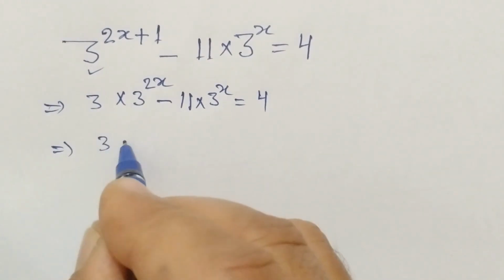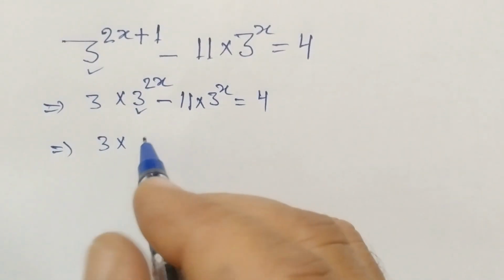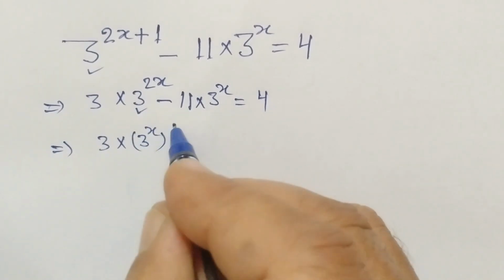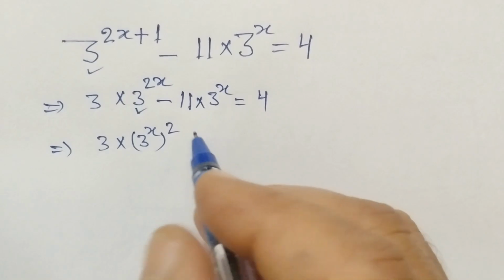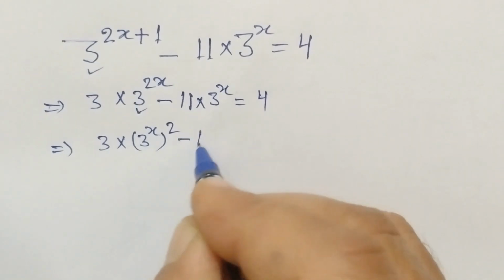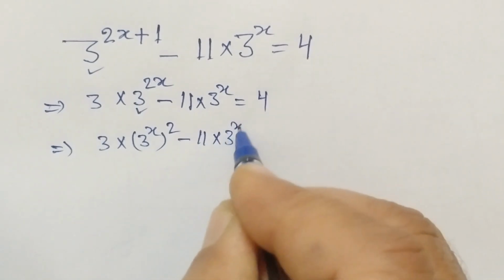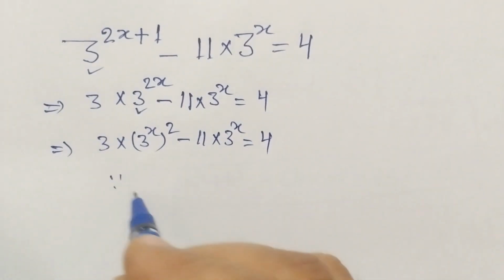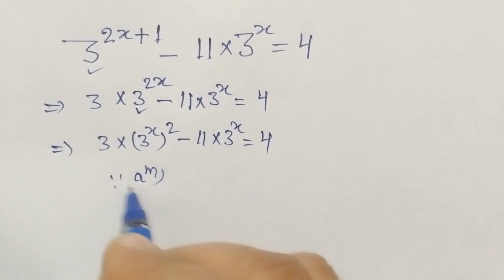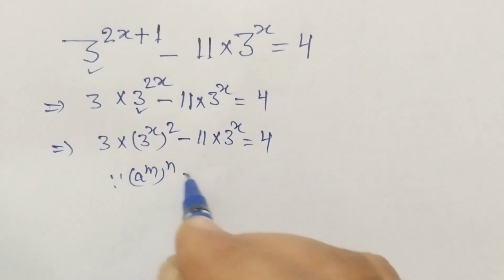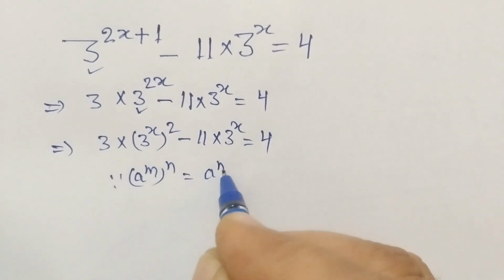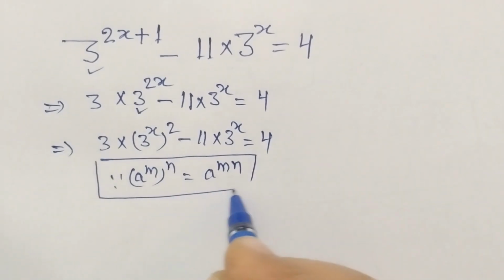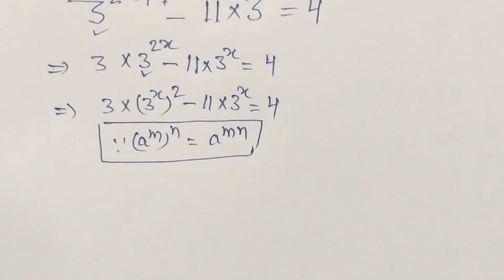So 3 into this can be bracket 3 to the power x, square, minus 11 into 3 to the power x is equal to 4, because a to the power m to the power n is equal to a to the power m into n. Fine.